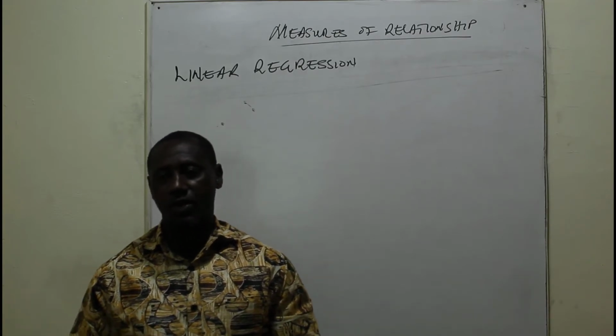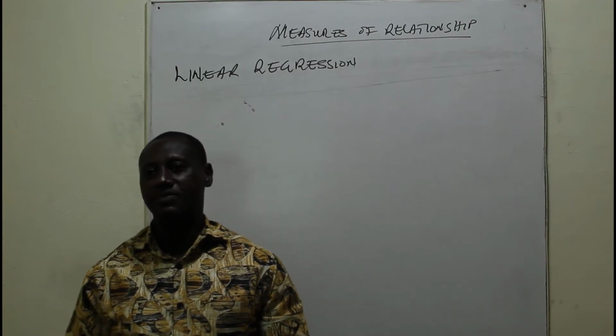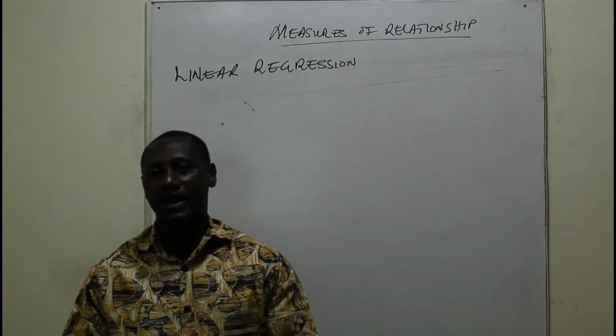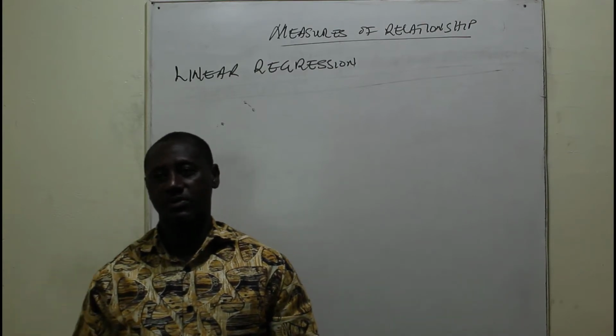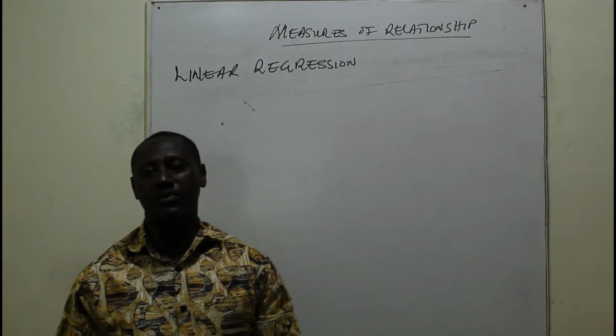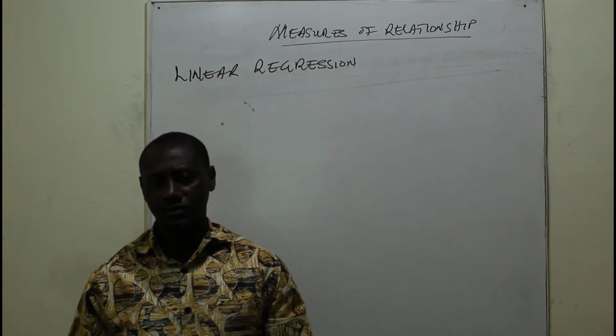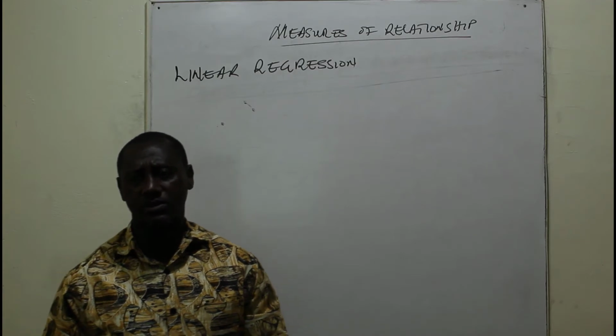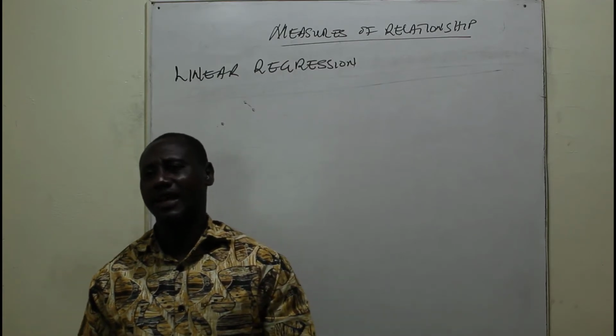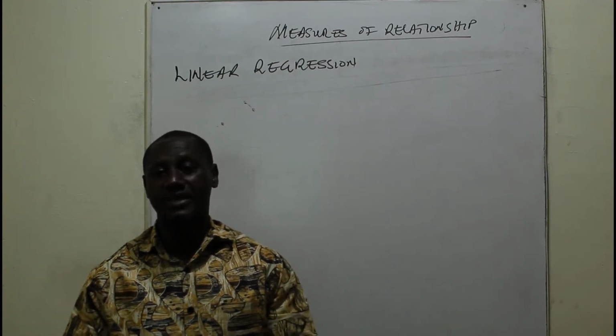So for example, if a research is being carried out to find whether a person's age has any relationship with the person's height. We are talking about a person's age, and whether that age has any relationship with the person's height.